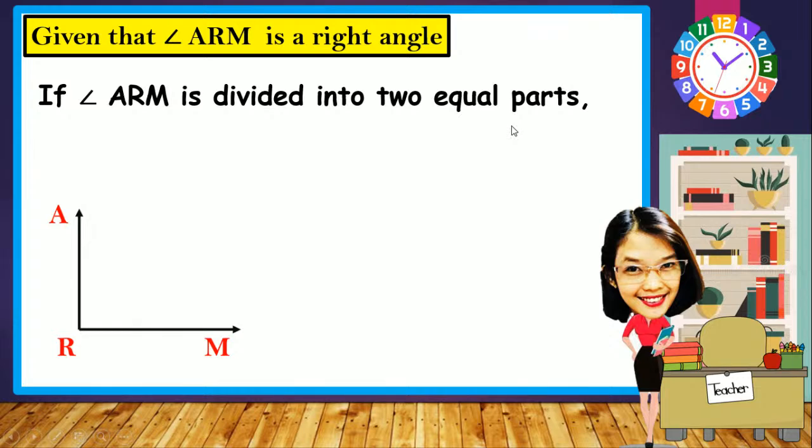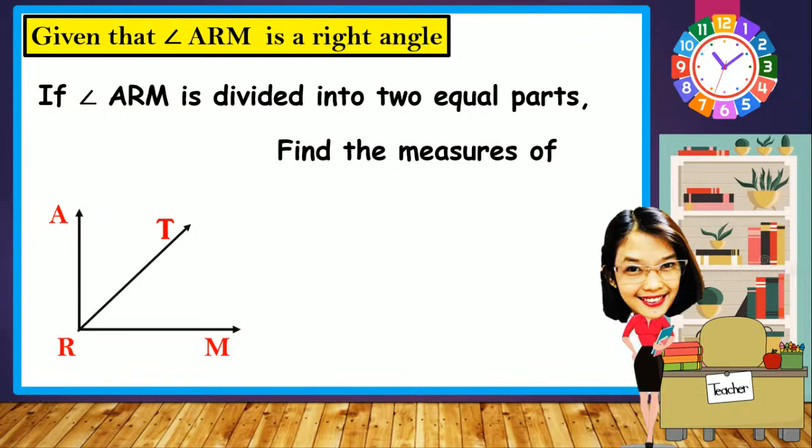Again, if angle ARM is divided into two equal parts like this, then from ARM, we have ray RT, and the ray RT divides the angle ARM. Find the measure of angle ART.